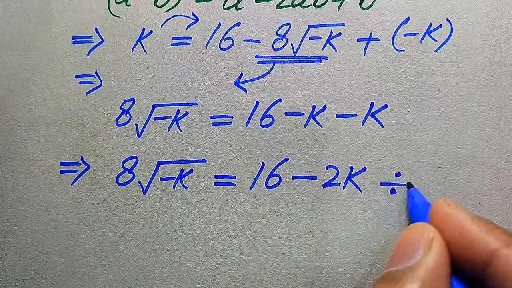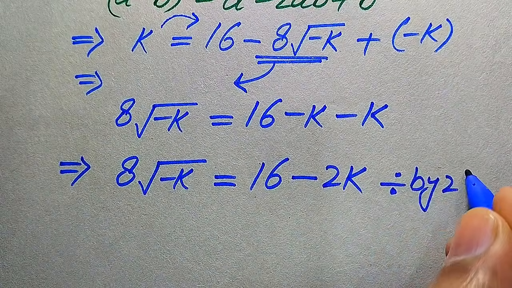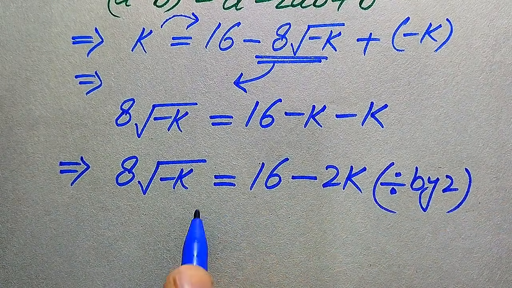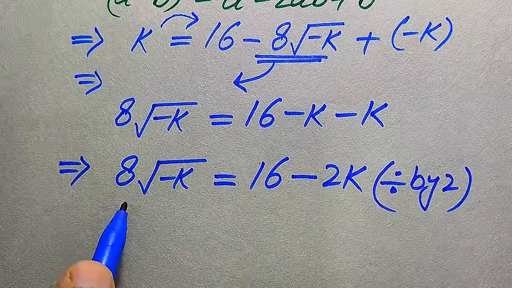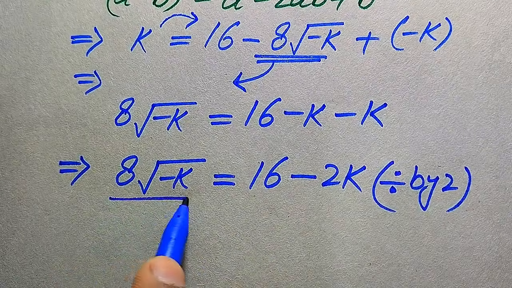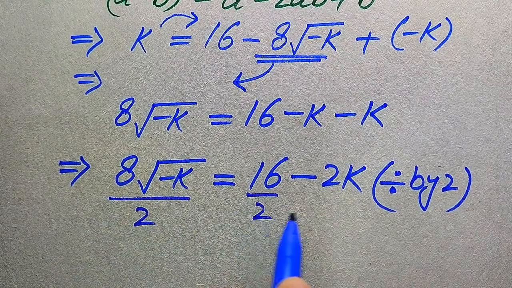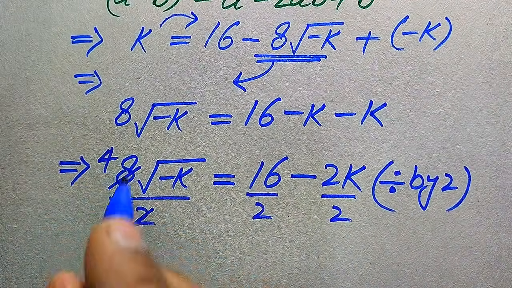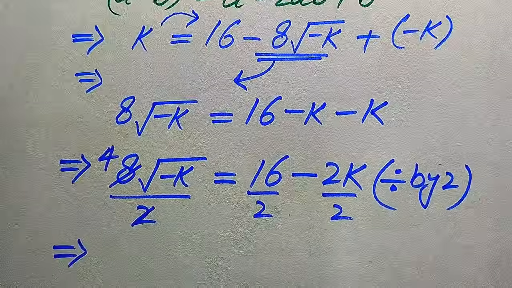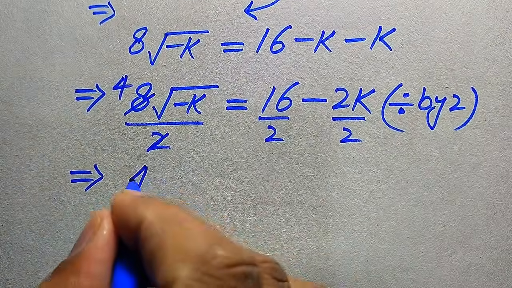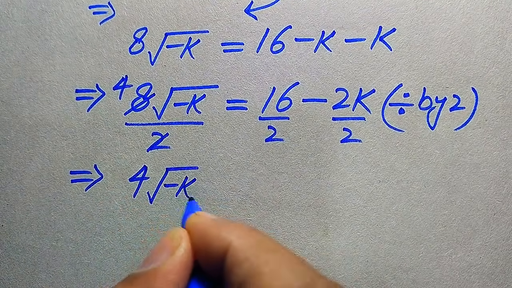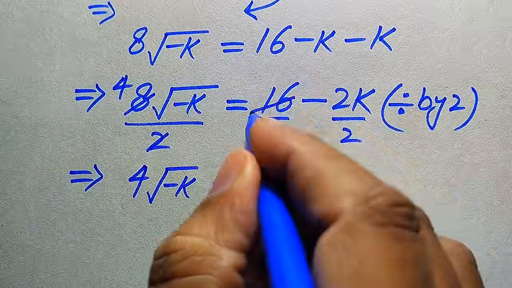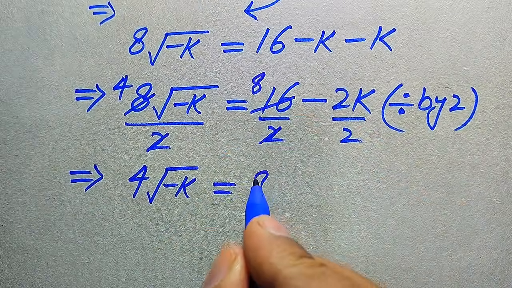So for this we divide both of the sides by 2, because 2 is the common term on each of these values. So we divide each of these terms by 2 on both of the sides in this way. And now you see here this is 2 times 4 becomes 8, and we obtain here 4 times square root of minus k is equal to, this is 2 times 8 becomes 16.